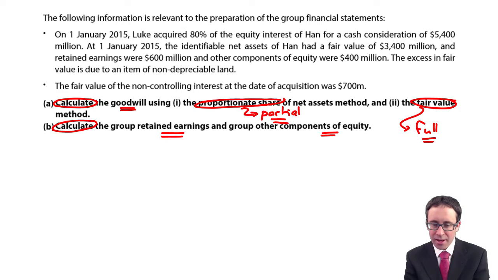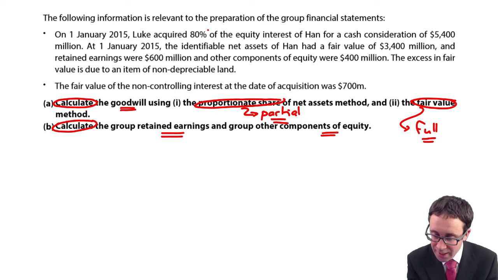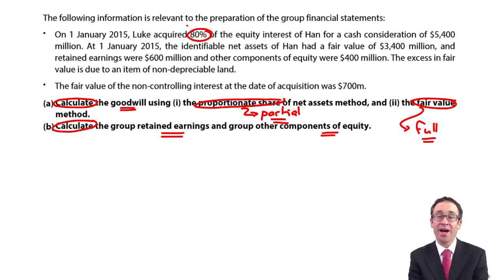It is. So it says there on the 1st of January 2015, Luke acquired 80% of the equity interest of Han. So therefore, we own 80%. We have control. The non-controlling interest own 20%, don't they? Okay. We're told there's a cash consideration of 5.4 million.